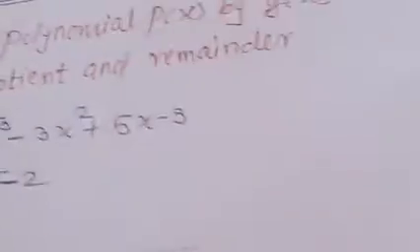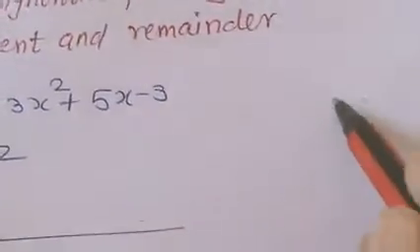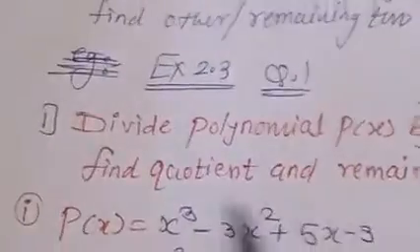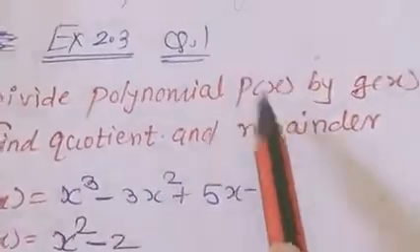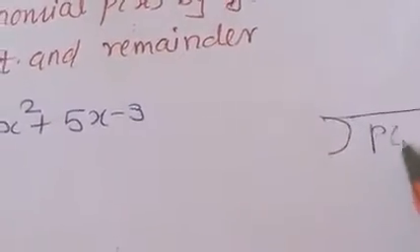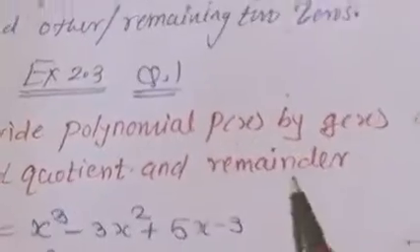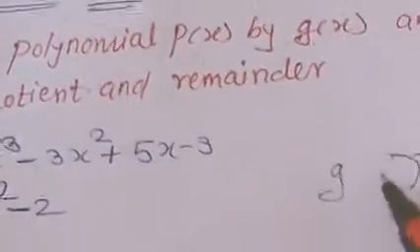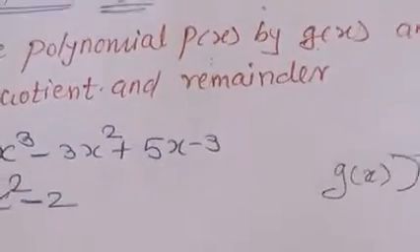Okay. Now, according to your question, what you have to do? Divide polynomial p(x). p(x) should be written under this sign, by g(x), which means g(x) will be written at this place.